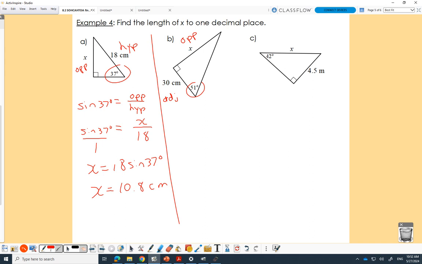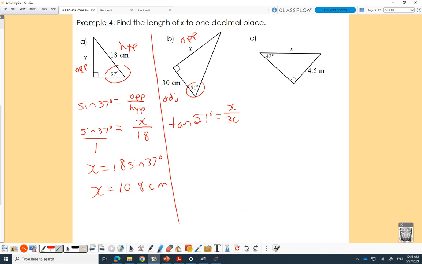Okay? Whatever you like. So then, who wants to write the fancy mathematical equation that I have now? If it's opposite and adjacent, tan 51 equals opposite over adjacent. So that's x over 30. Yeah, good. Now your algebraic skills take over.